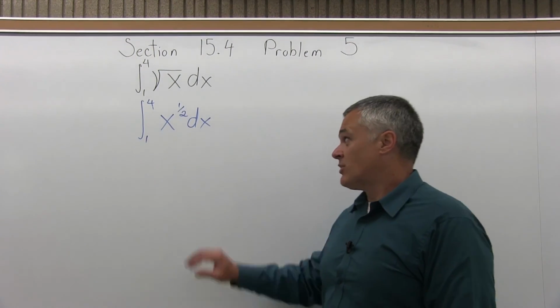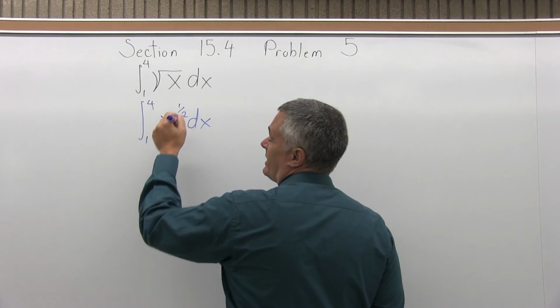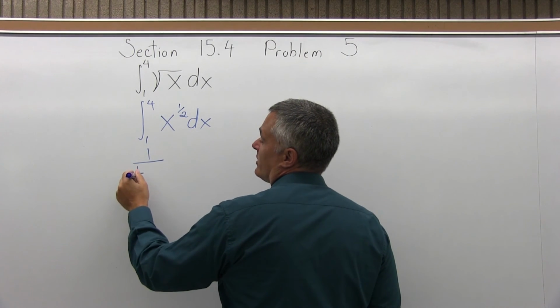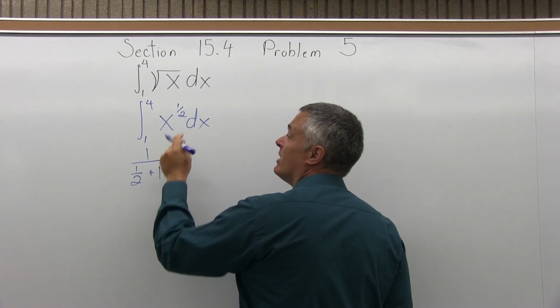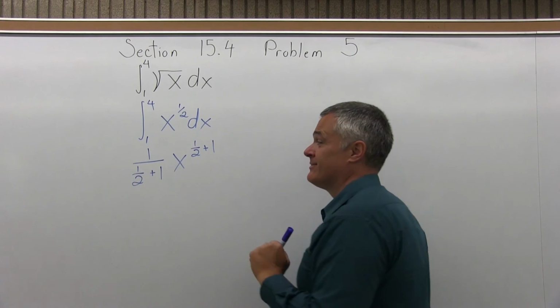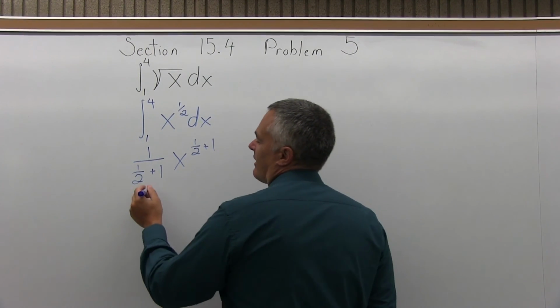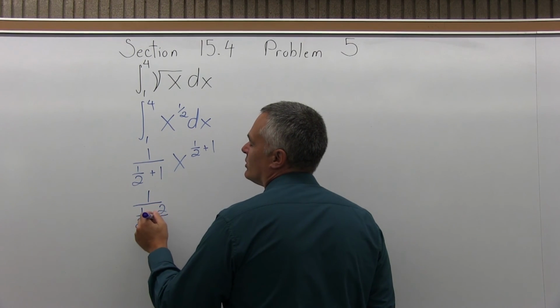Step 1 of a 4-step process is solve the integral. So now this 1/2, that fractional exponent, I'm going to have 1 over the previous exponent plus 1. So 1 over 1/2 plus 1, x to the previous exponent plus 1, so 1/2 plus 1. To deal with that fraction, instead of 1/2 plus 1, let me write the 1 as a 2 over 2.